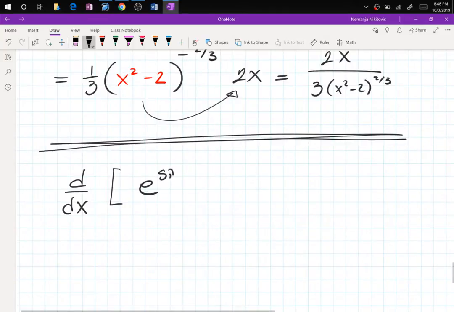e to the sine squared x. This is the good night one.